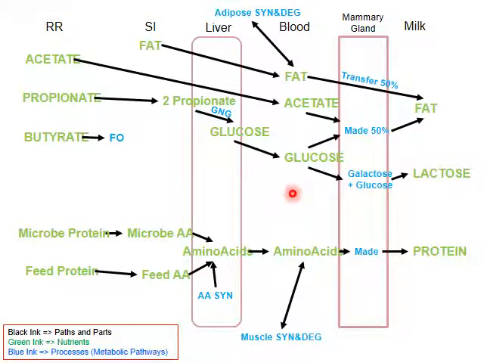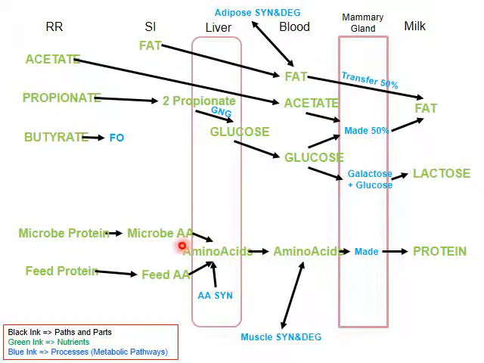So if we start with protein, we have microbial protein going into the small intestine, digested, hydrolyzed into amino acids. The amino acids are absorbed.